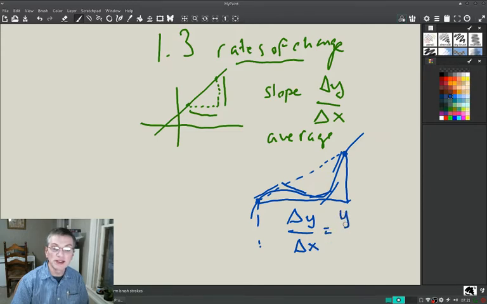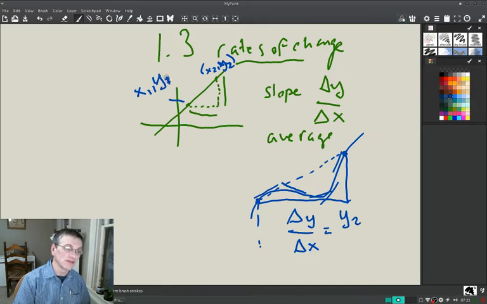This means you take y2, x2, x1, y1. So you go from x1, y1 to x2, y2, and you want to know what was the average rate of change from there.